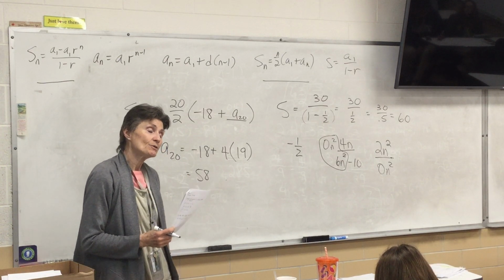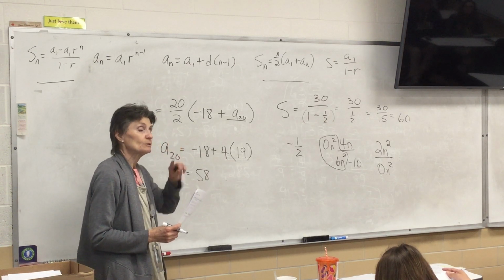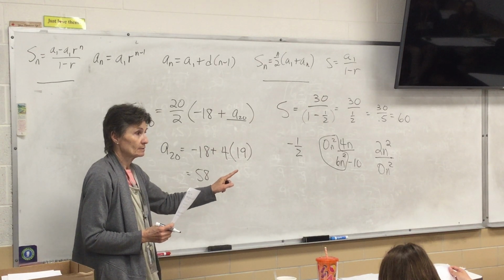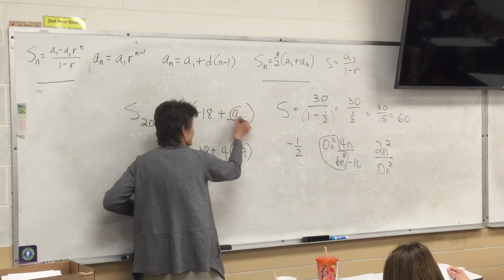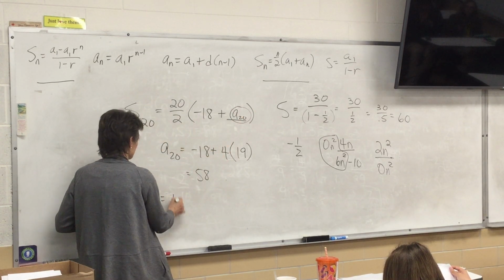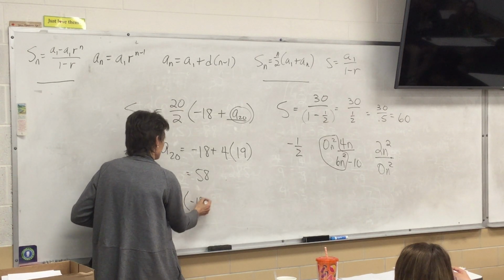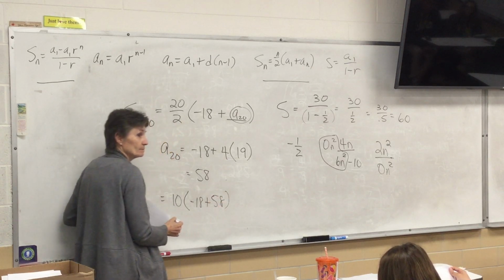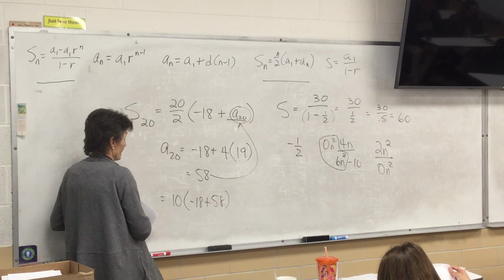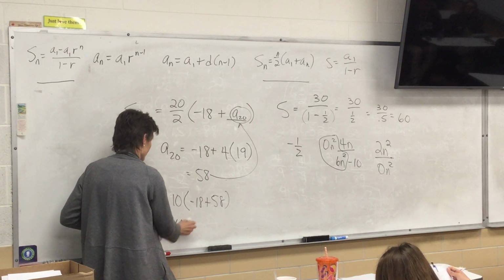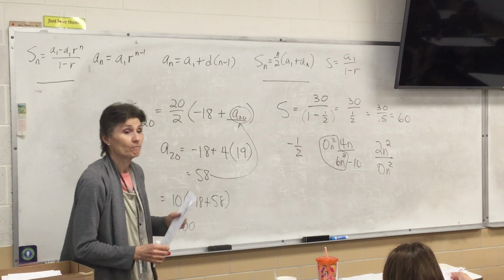Remember, if you're trying to use a formula and you discover that you're missing something, jump over to the other formula, and then once you get that, can I now plug that in right here? So I have 20 over 2, 10, times negative 18 plus 58. Plugging this in right here. So I think that's 400, but you double check me. So the answer to the problem is 400.